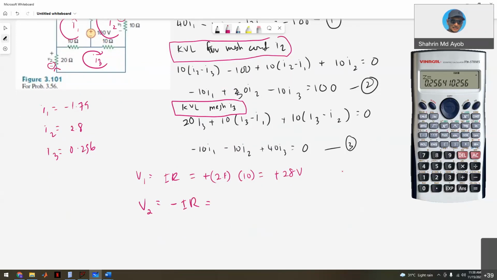So negative, the current is a positive value, 0.256, multiplied with the value of the resistor. So you will obtain 20 multiplied with 0.256, equals 5.12 volt.